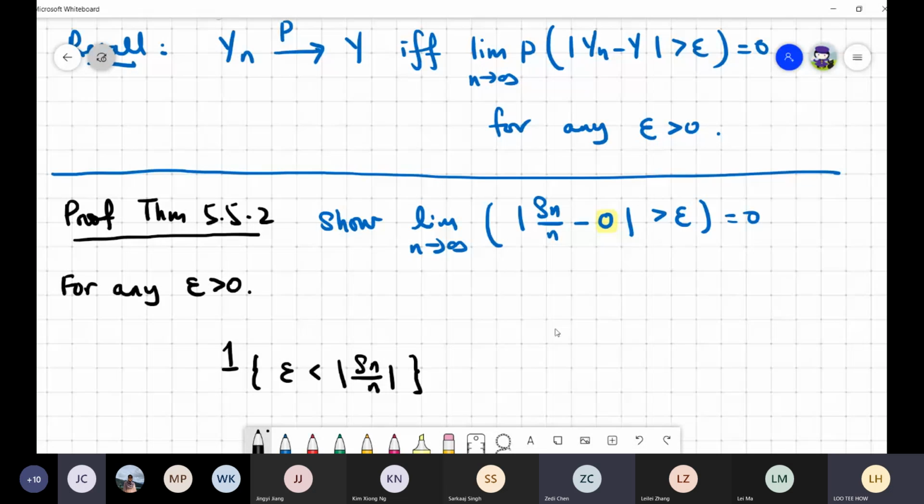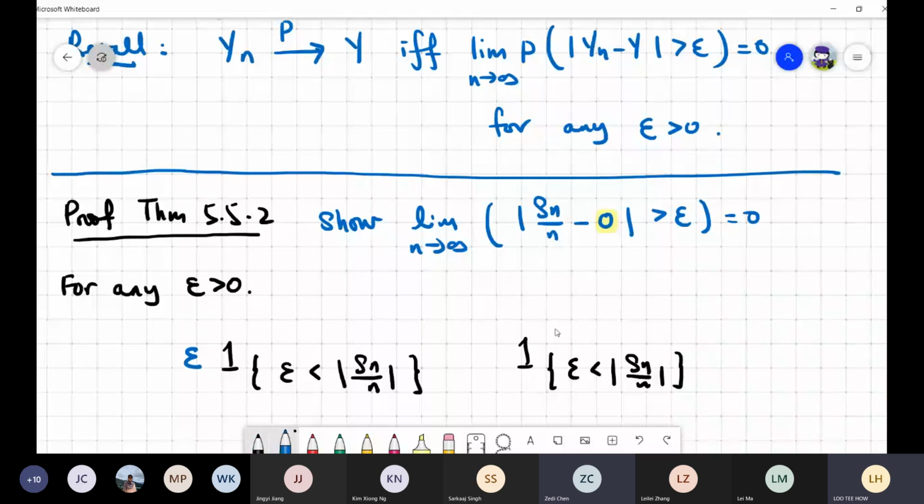In this region, Sn over n is greater than epsilon. So if we multiply by epsilon, this will always be less than or equal to Sn over n.